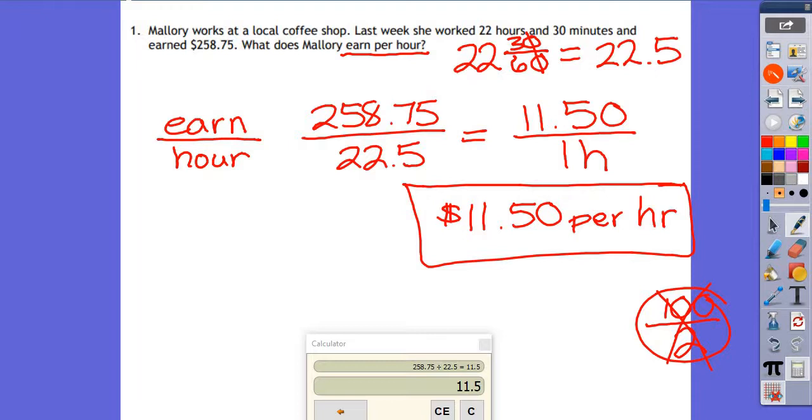So she earned $11.50 per hour. Good question. Does it matter if we put the dollar sign when we're working the problem? Not in the problem. After you're done, your final answer needs to have it.